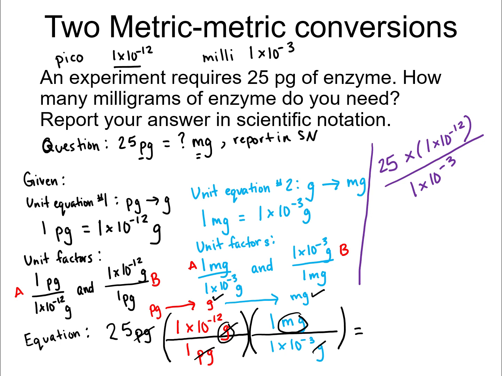So for those of you who got something times 10 to the 14, I think you entered something wrong. It should be 2.5 times 10 to the minus 8. And that's milligrams.